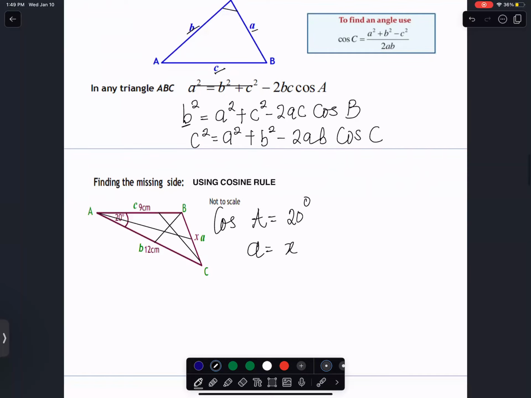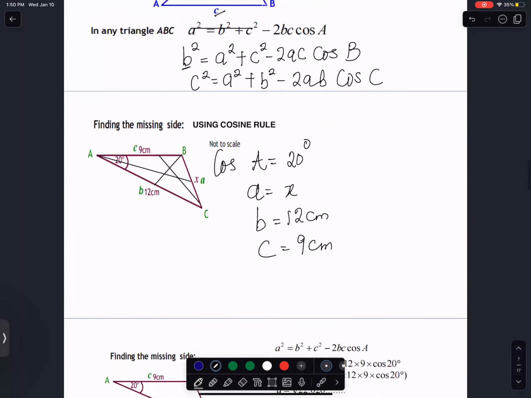I have my side B, the matching opposite to B here, as 12 centimeters. So you write your B as 12 cm. Then you have the matching opposite side to C as 9 centimeters. So C becomes 9 cm. So what are we looking for? We are looking for A squared.